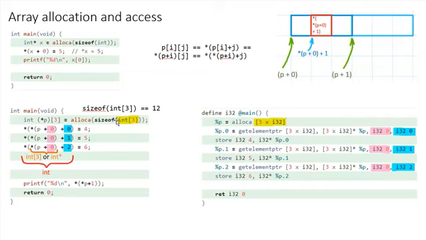So pointer arithmetic increments the pointer by the size of the pointee type, which is an array of 3 ints. So incrementing the pointer jumps it forward by the size of an array of 3 ints in memory, as we see here. When we apply an offset of 1, it actually jumps forward by 12 bytes, which is the size of an array of 3 ints in memory.